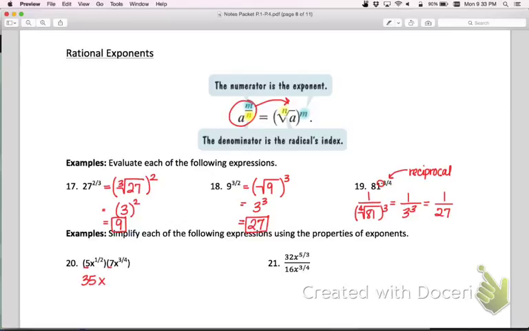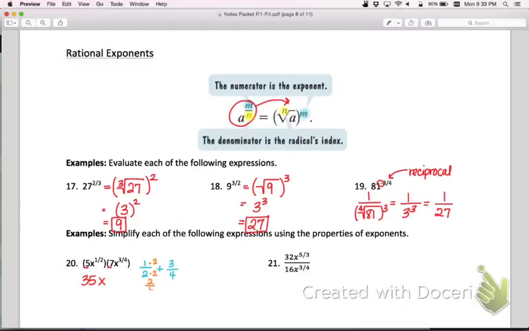But then I have to do, and this is where I do some work off to the side, since we're multiplying, we have to add fractions, 1/2 plus 3/4. Don't forget that when you add or subtract fractions, you have to have a common denominator. In this case, it's going to be 4.